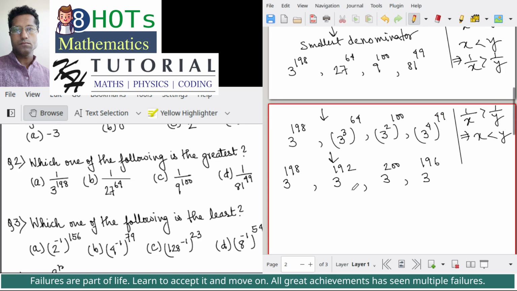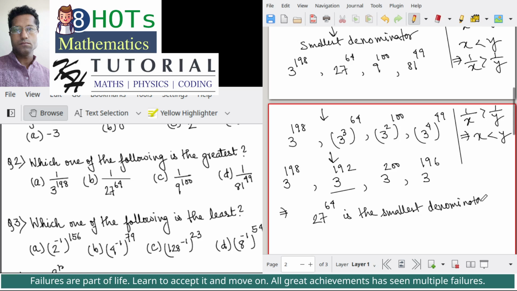So definitely the smallest power is this, so this implies that 3 to the power 192, which was originally 27 to the power 64, the denominator of the second choice, is the smallest denominator.